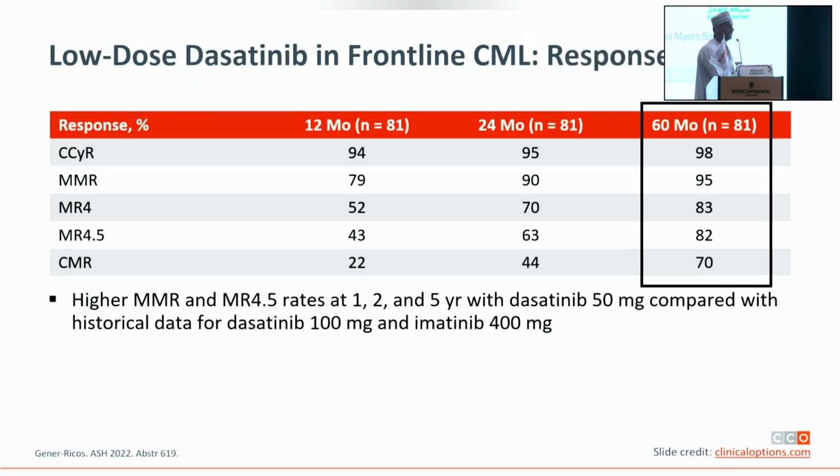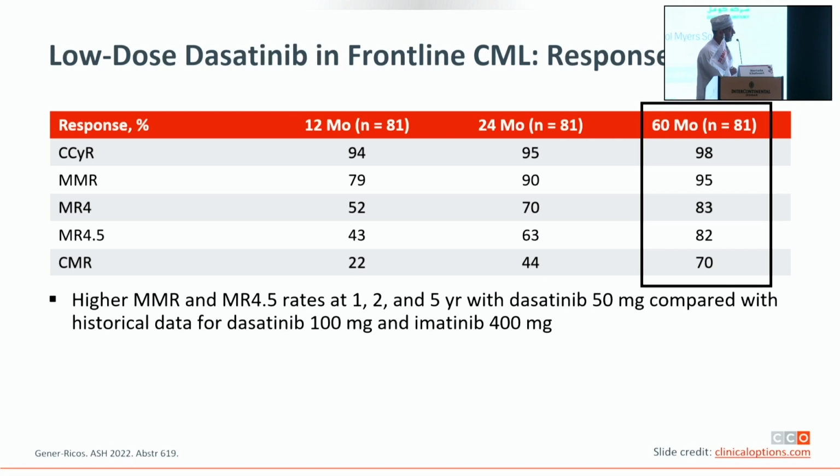Results. The results were presented earlier, and that's the long-term follow-up at 60 months. If you focus on the box here, CCYR at 60 months was almost 100%, 98% achieved CCYR. That's a safe haven.